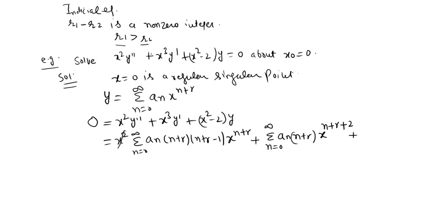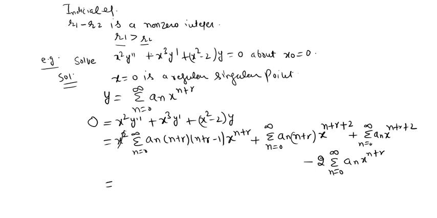Then x squared y, which adds 2 to the power, gives a_n x^(n+r+2), and the last term is minus 2 times y. Now adjust all terms.